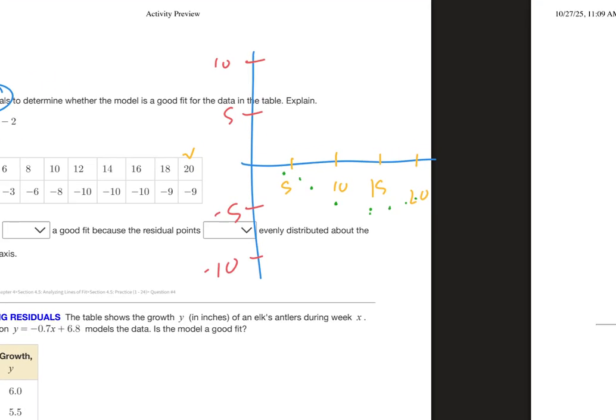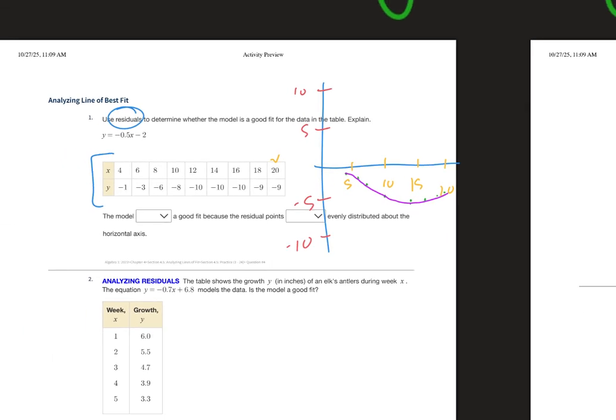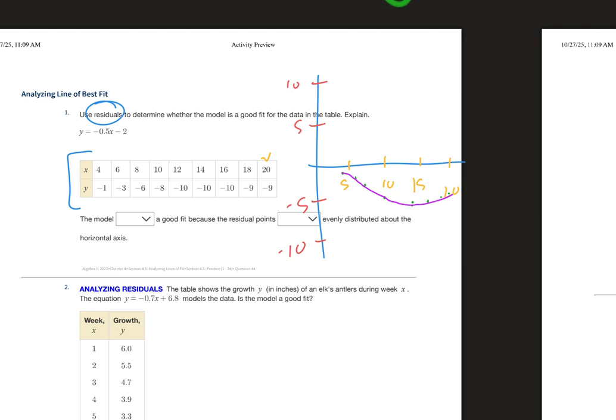If you follow this, it looks kind of like a curve to me. I feel like they are systematically decreasing and moving away from our line here, so I don't think it's a line of best fit. No, this is not a good fit because the residuals are not evenly distributed about the horizontal axis.